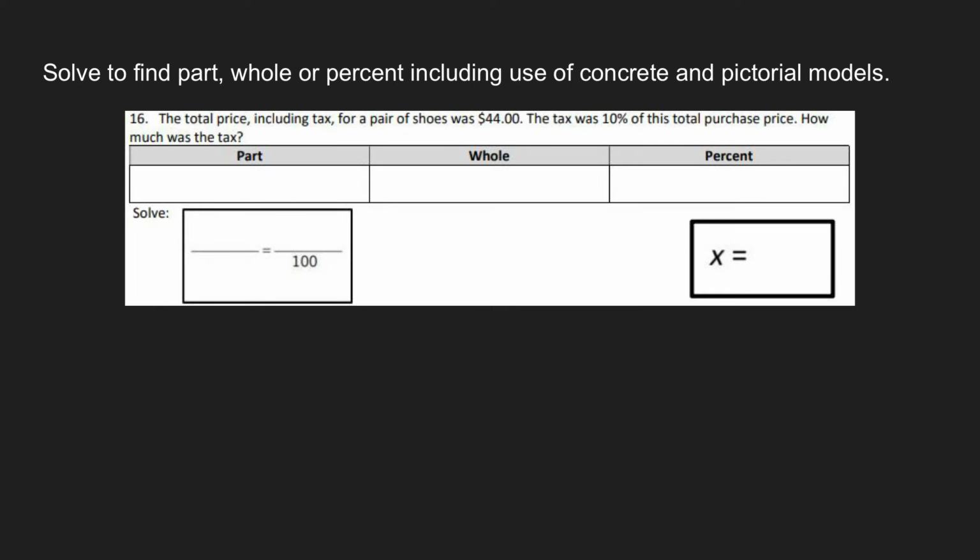Last one. The total price, including tax, for a pair of shoes was $44. The tax was 10%. I'm going to put my percent. How much was the tax? I think our tax is the part, and our whole was $44.